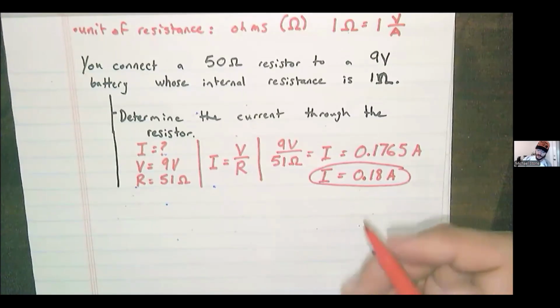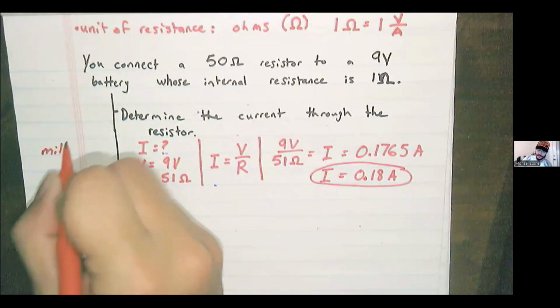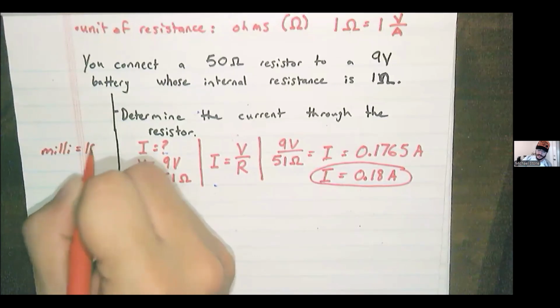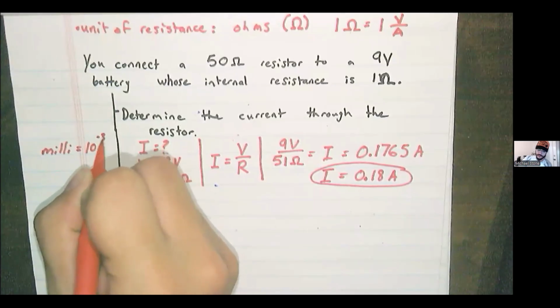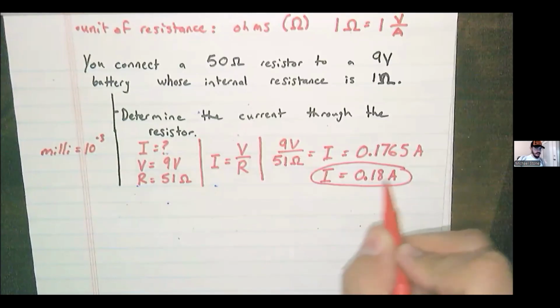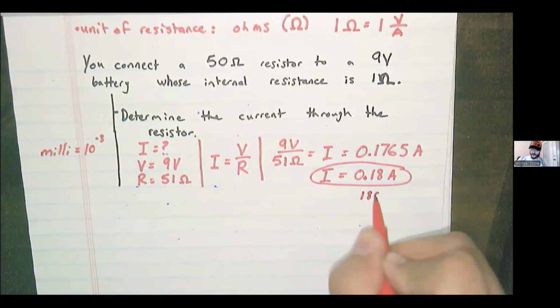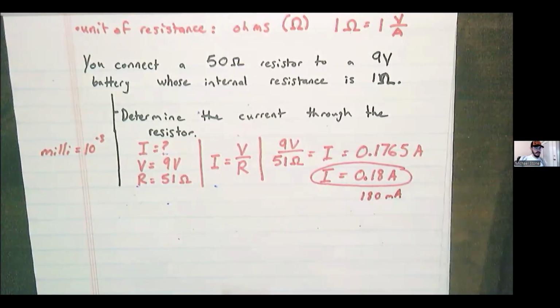Now remember, milli is 10 to the -3. So if we were asked for this in milliamps, we would write 180 milliamps.